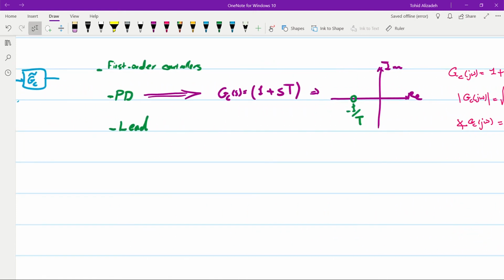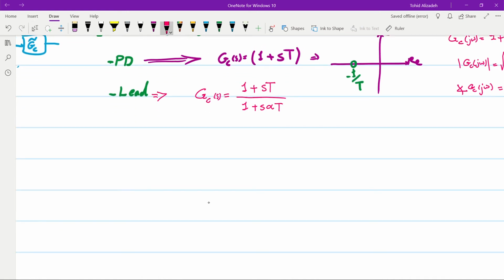The next first order controller that we are going to consider is the lead compensator. For lead, if I take the generalized gain outside, we will have GC of S as (1 plus S times T) over (1 plus S times alpha T). In terms of the location of the pole and zero, for the lead compensator, we know that we will have a zero which is closer to the origin and then a pole.